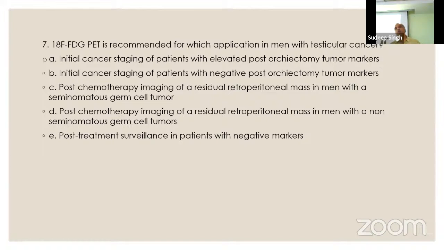We all know that for testicular tumors we usually don't give PET-CT. It is not a very good imaging study for testicular tumors, but the only indication for PET-CT is C, post-chemotherapy imaging of a residual retroperitoneal mass in men with a seminomatous germ cell tumor.